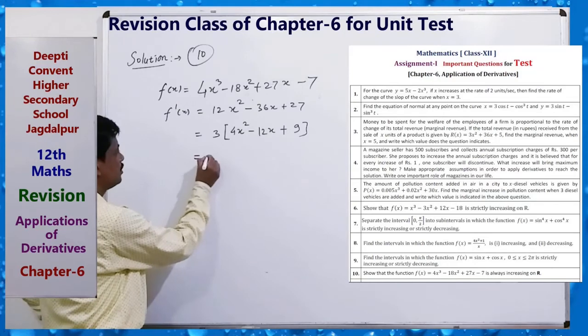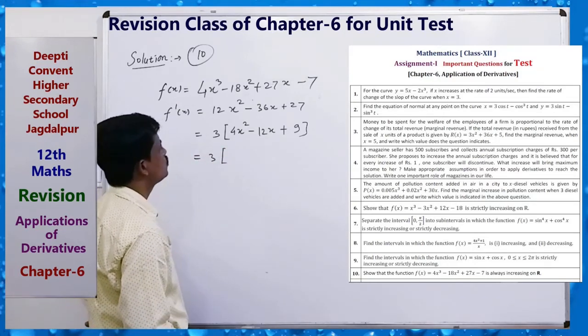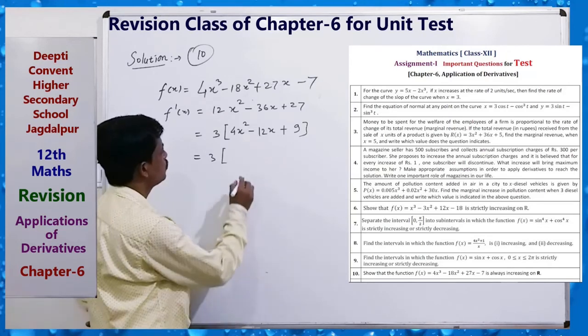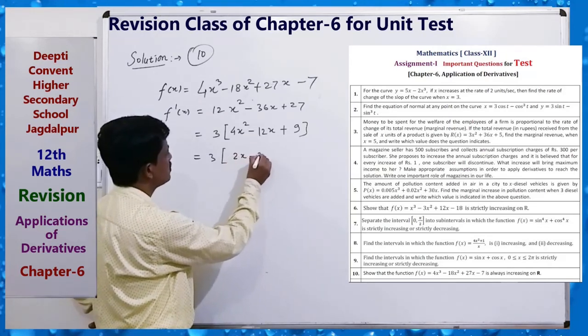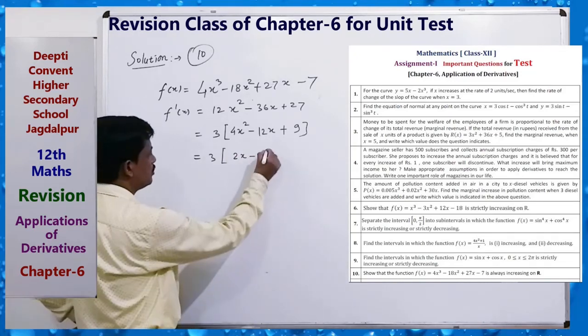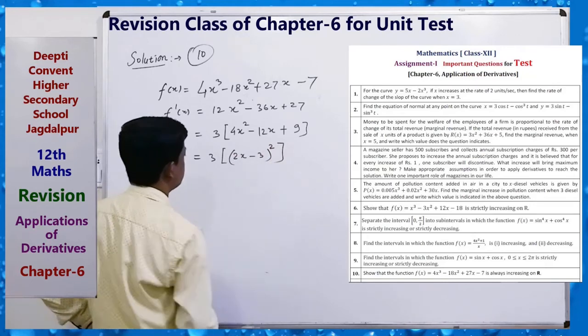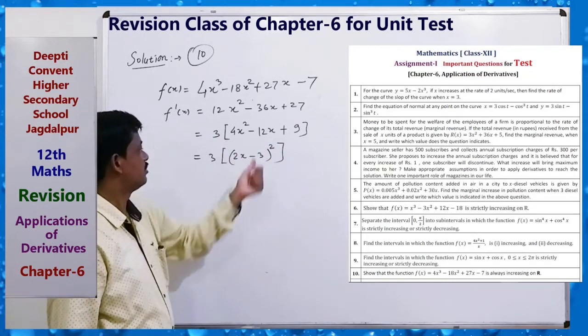Okay, so it can be written as 3 times (2x minus 3) whole square.